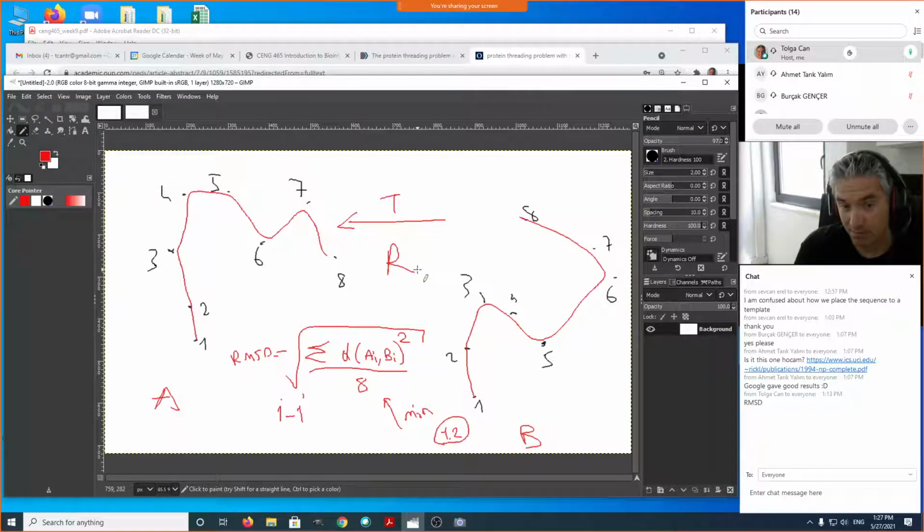By the way, finding the minimum RMSD, the best translation and rotation matrix, given the point correspondences, is a solved problem. The optimum RMSD can be found in linear time, where n is the number of corresponding points.